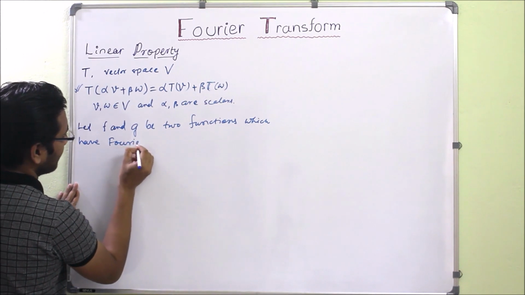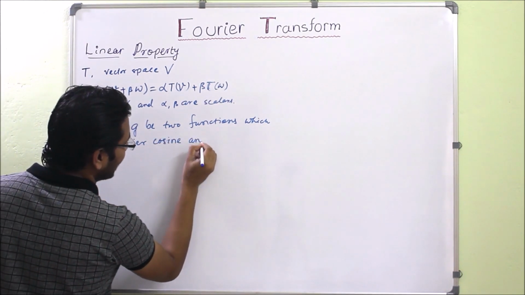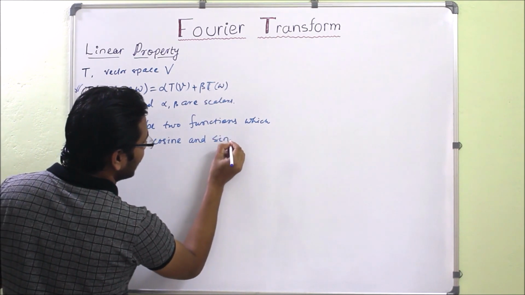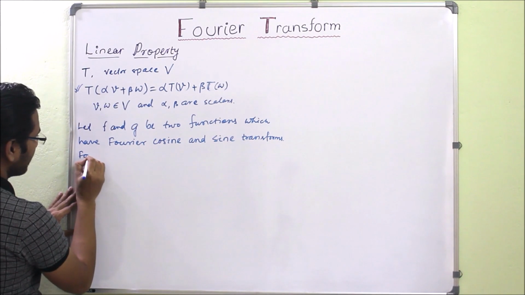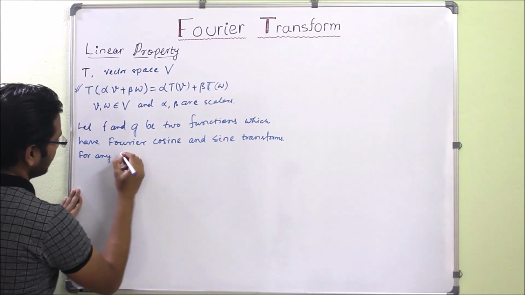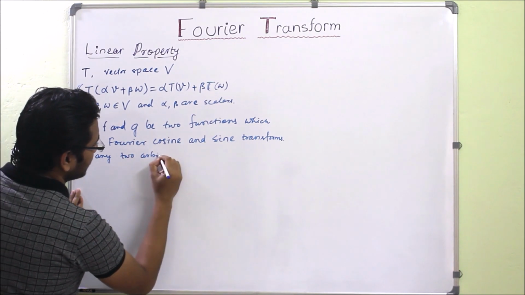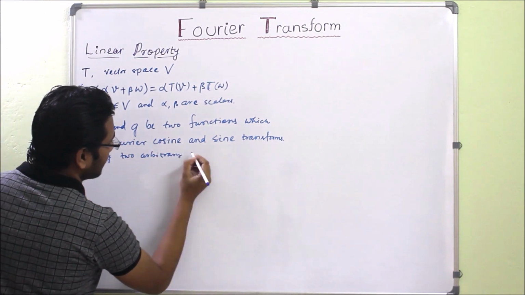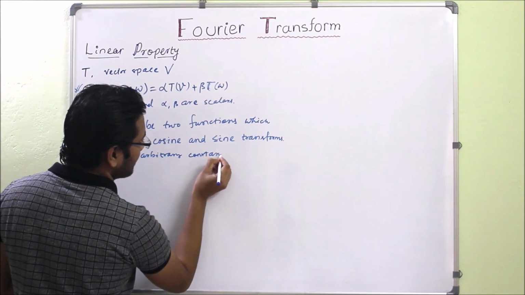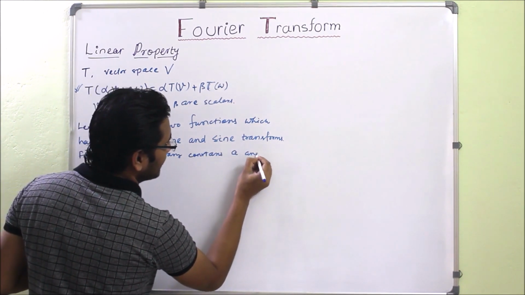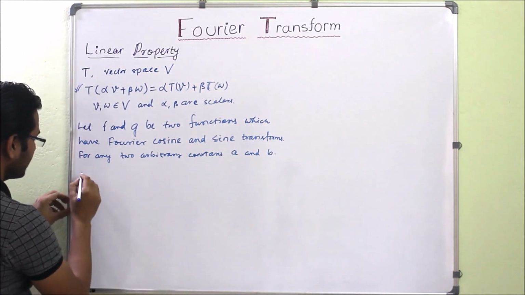Fourier cosine and sine transforms. So for any two arbitrary constants A and B, what will be the linear property?